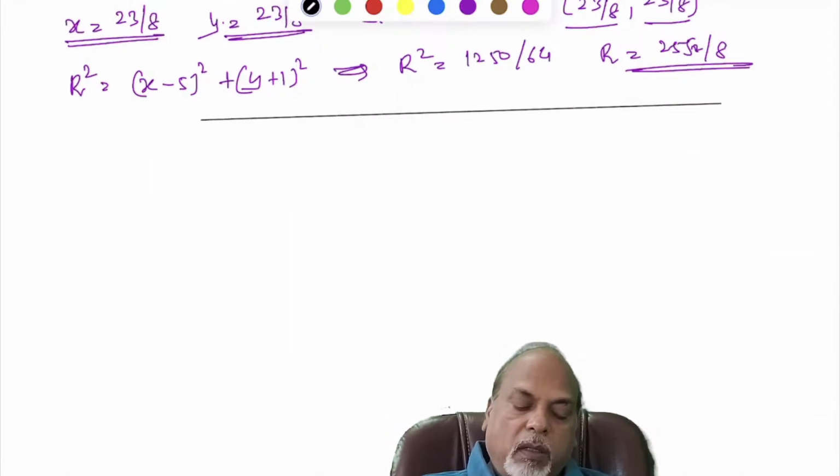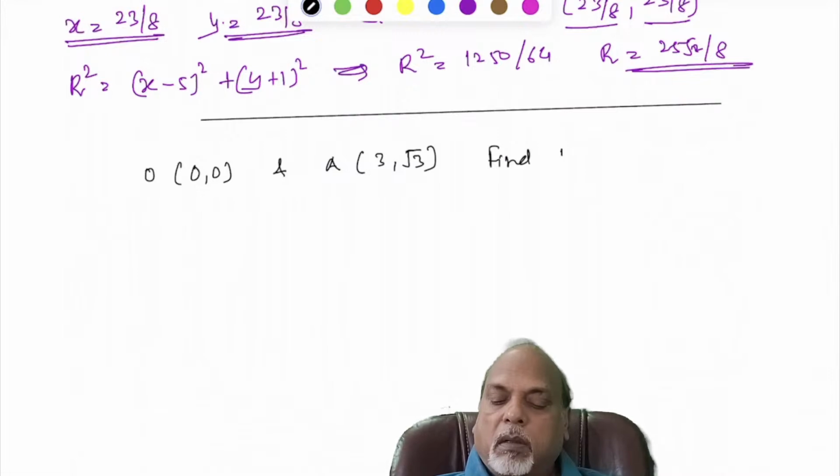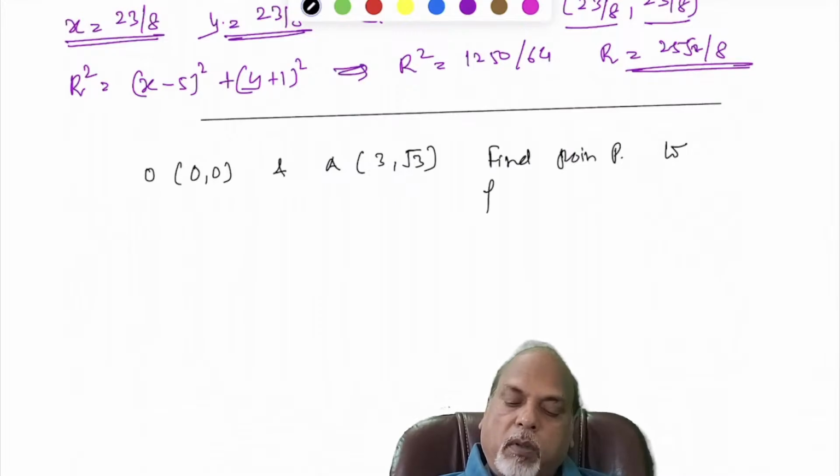Now let us take another example. Suppose you have a point O and a point A as 3, root 3. Now find a point P to form an equilateral triangle.